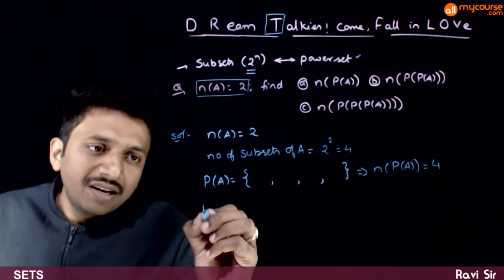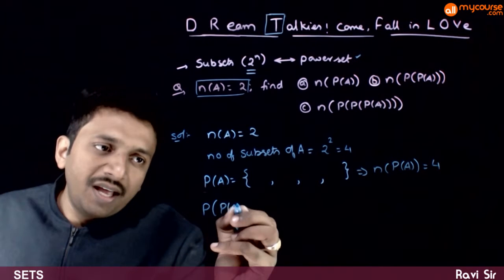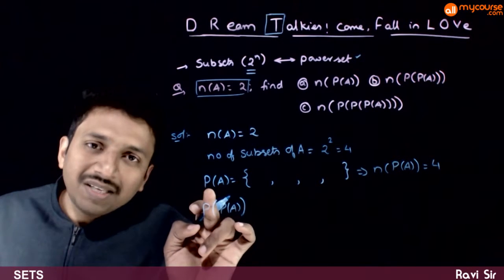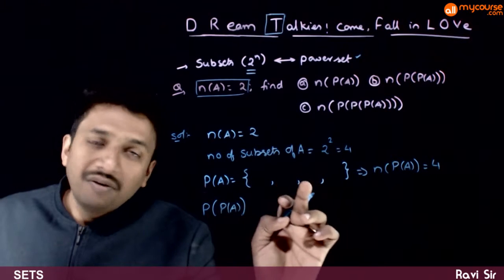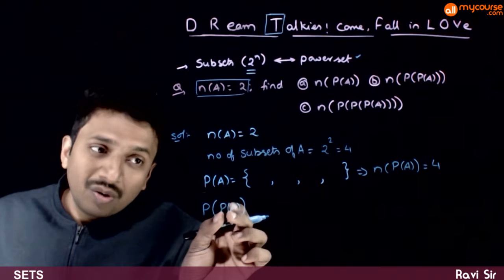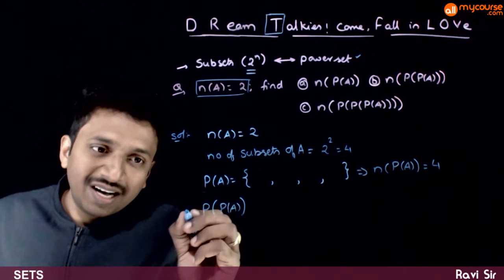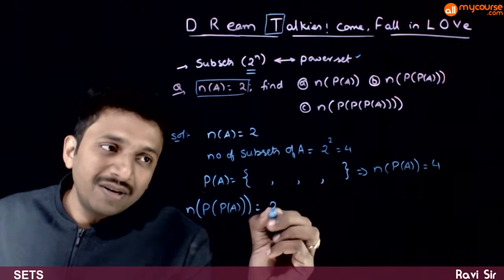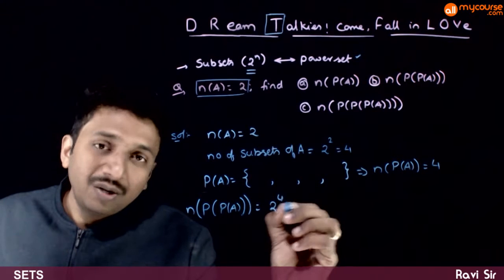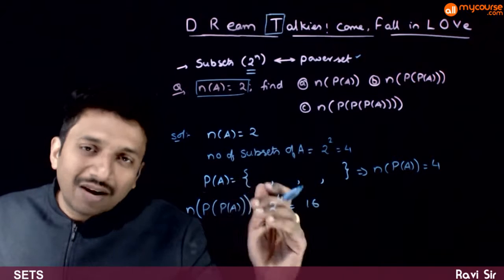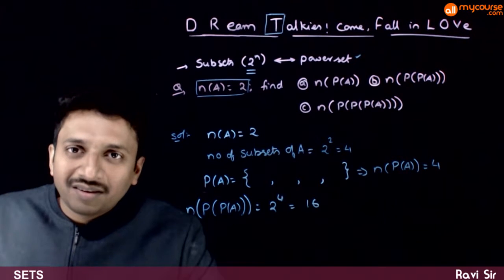Now if you consider power set of A, how many subsets does this power set of A have? Power set of A has 4 elements. So the power set of power set contains how many elements? 2 power 4 elements. That is nothing but 16. So you have to raise it to power 2 again.